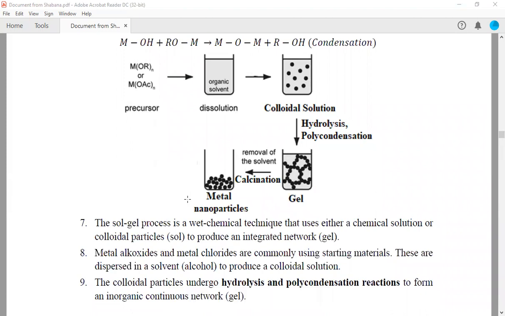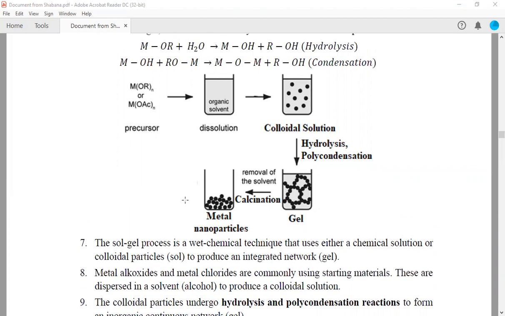It forms a bridge, generating metal oxo and metal hydroxo polymers in solution. After the drying process, the liquid phase is removed from the gel and calcination is performed in order to enhance the mechanical property. Alcohol is used as a solvent in this process.